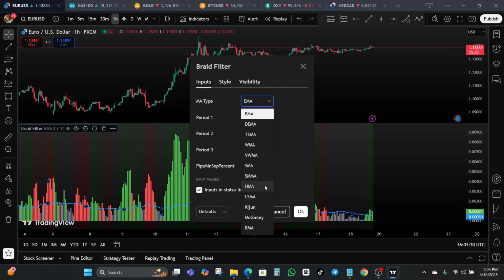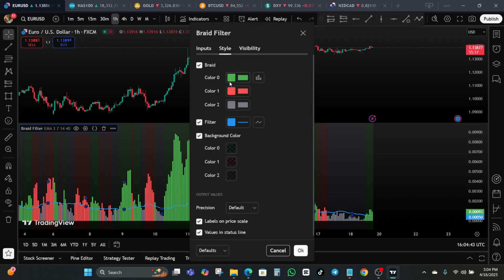There are different options. You can also set the first period, the second period, the third period, and the pips mean set percent as well. You can modify this indicator according to your trading style, but the default settings actually work fine.